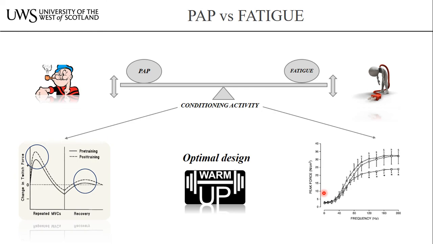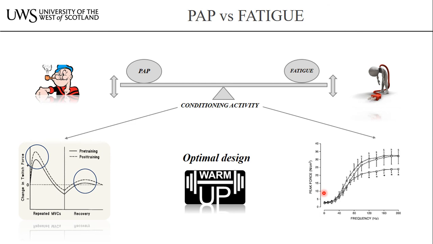Well, the last element or mechanism I would like to touch on in consideration of the force production factors is the relationship between PAP, which means post-activation potentiation, and fatigue, and the ability of the musculoskeletal system to produce force.